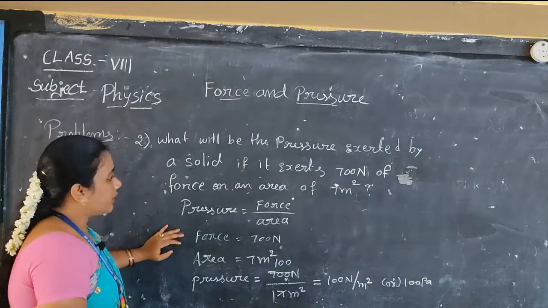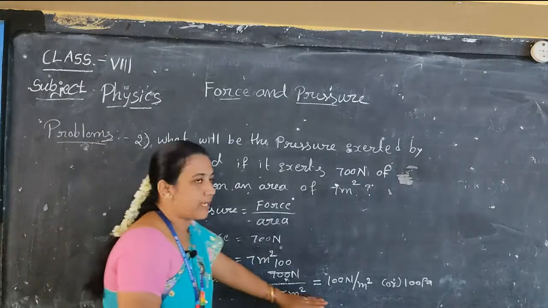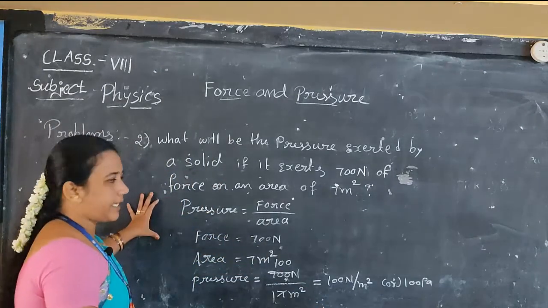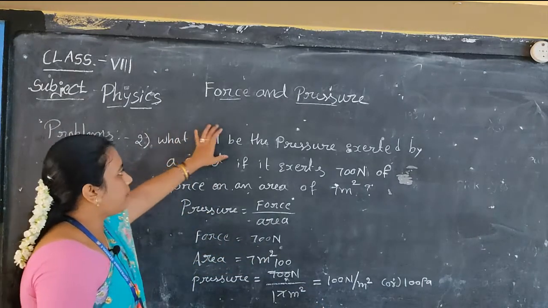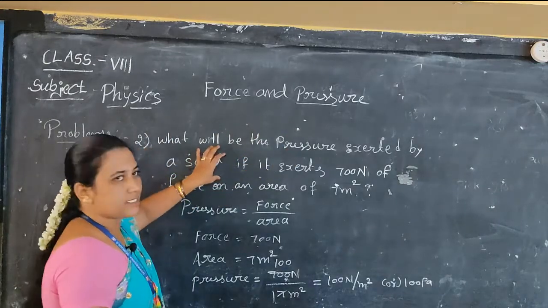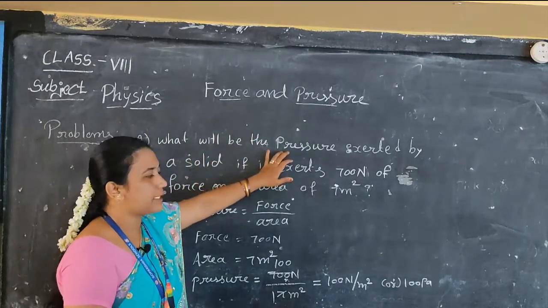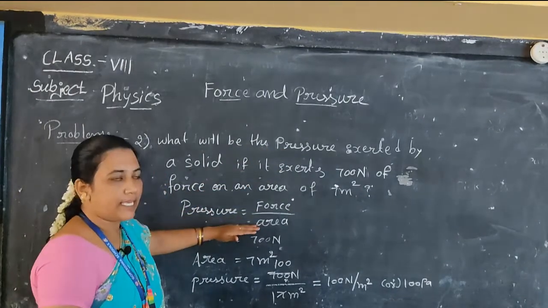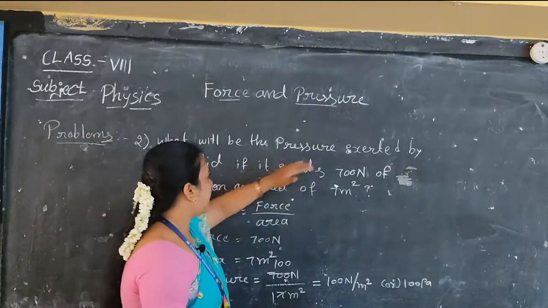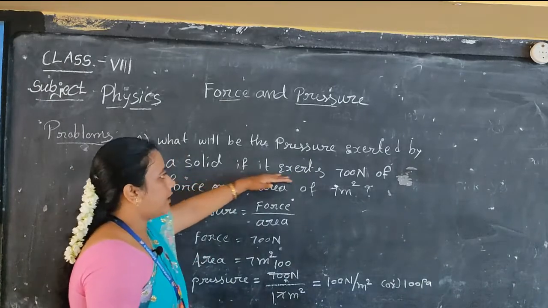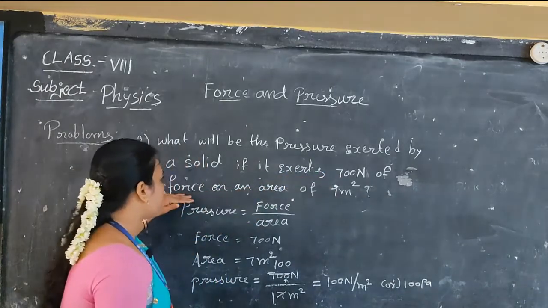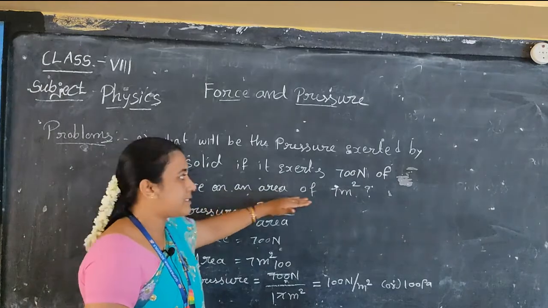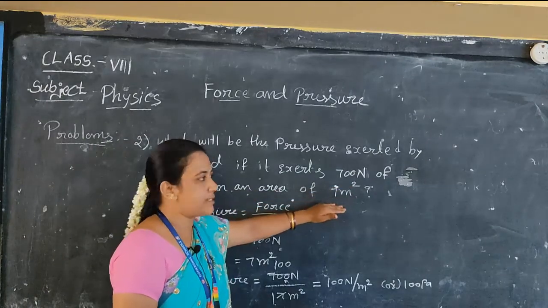Like this we want to calculate. I am going to repeat once again. What will be the pressure exerted by a solid? Here you have to calculate pressure. The formula of pressure is force by area. For that, what values are given? 700 newtons of force and an area of 7 meters square. Yes or no?